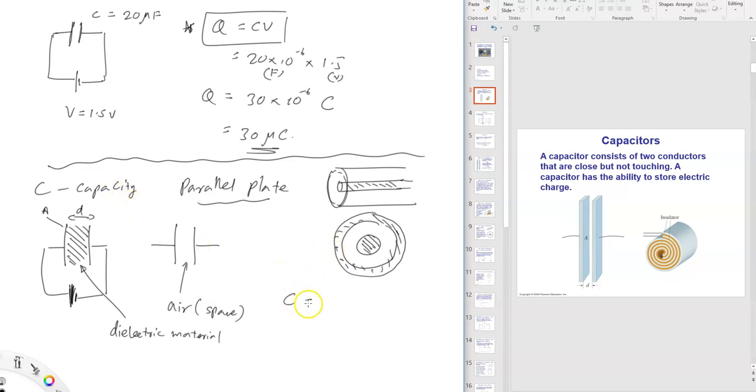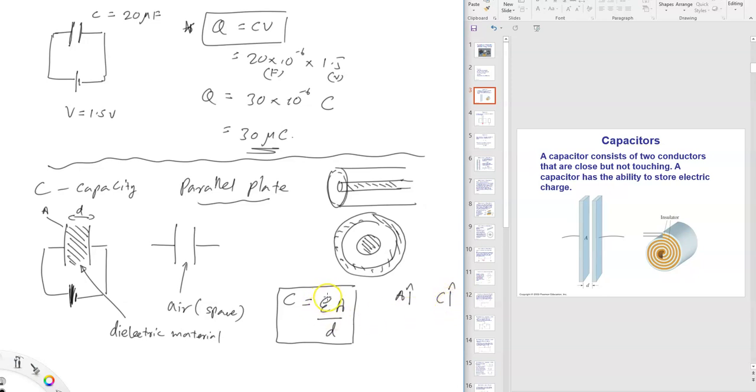Capacity is given by this simple formula, epsilon, you know this, the permittivity of space, times plate area divided by D. Capacitance of a capacitor is given by the permittivity of the medium inside multiplied by the plate area divided by D. So having a large plate area, when A gets bigger, capacity gets bigger.